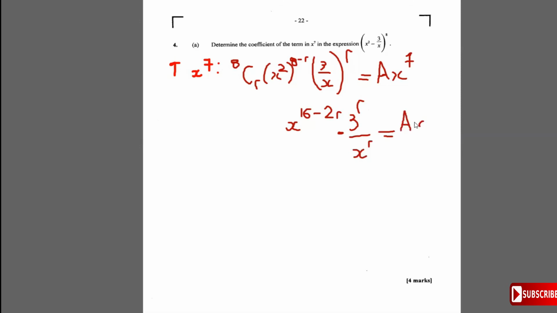We want it to be equal to x to the 7. When the bases are the same and we're dividing, we can subtract the powers. So really what we're saying is x to the 16 minus 3r is equal to x to the 7. And so we can use that to find r. So 3r is equal to 16 minus 7.